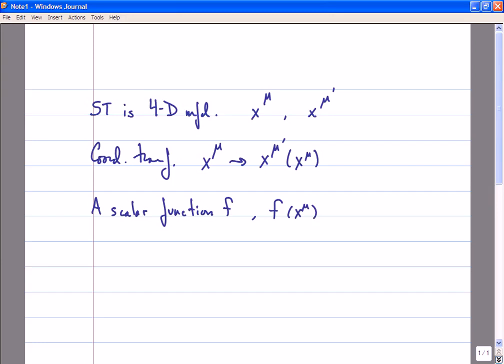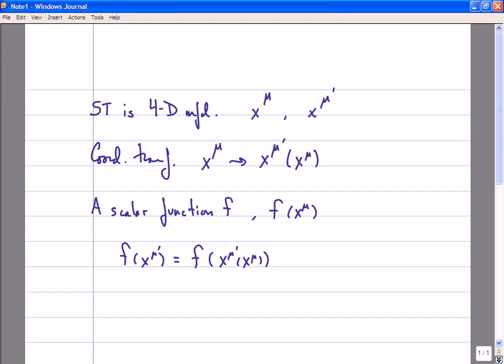And if we wish to understand how that function looks in a different coordinate system, then it's related in the obvious way. So, for example, if we were to write that function in the primed coordinates, then that would be related to the function in the unprimed coordinates simply by regarding the x^μ' as functions of the x^μ.